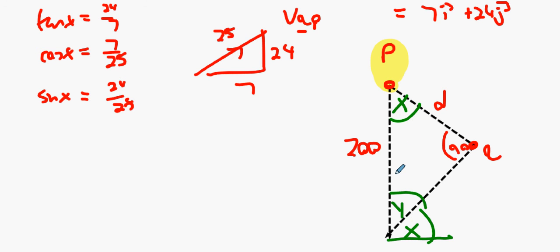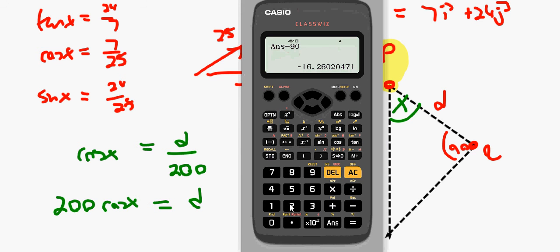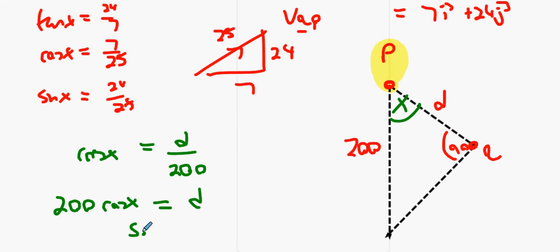Now cos X equals D over 200, so D equals 200 cos X, which is 200 multiplied by 7 over 25, which is 56. So D equals 56.